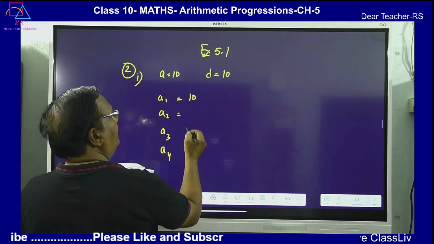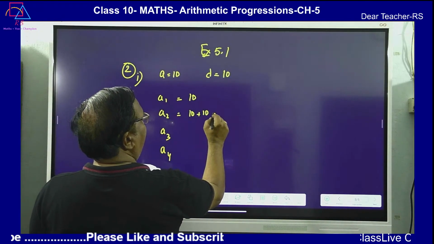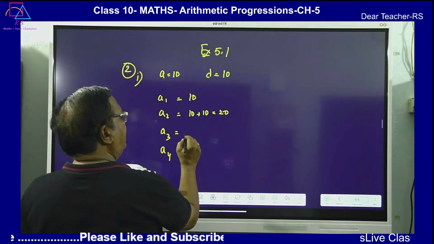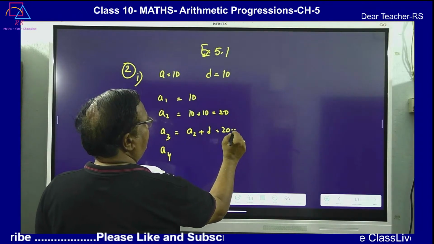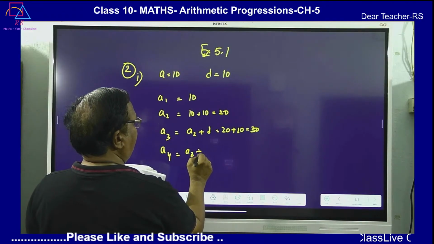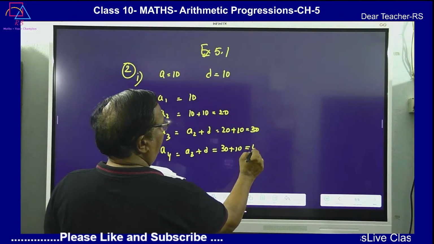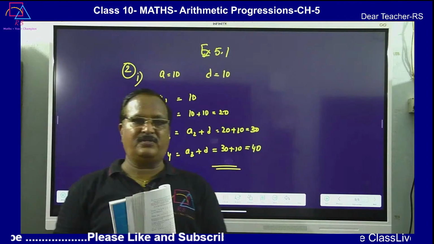For the second term we add the common difference, 10 plus 10, which is equal to 20. Third term, a2 plus d, 20 plus 10, which is equal to 30. a4 is a3 plus d, 30 plus 10, is equal to 40. So these are the first 4 terms.